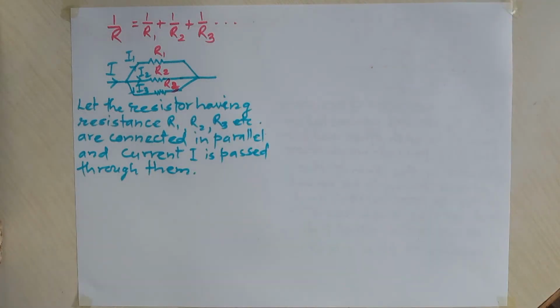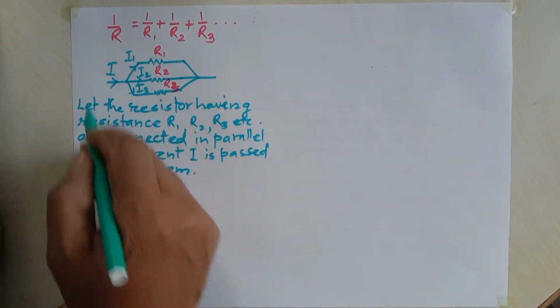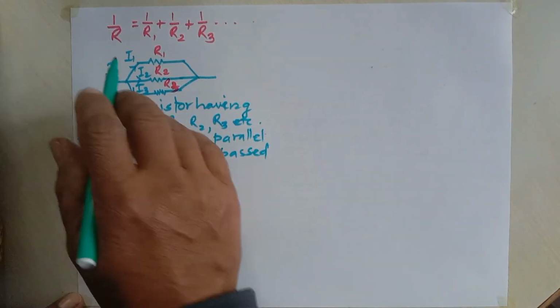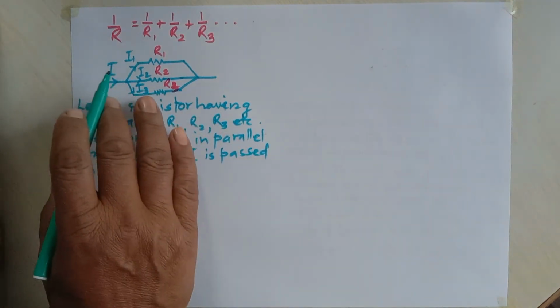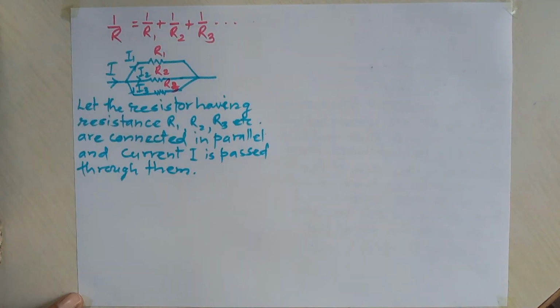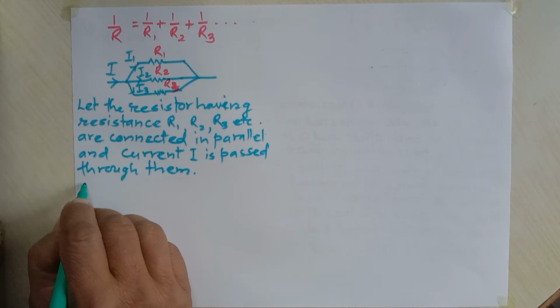Now when we measure the current in each of the branches and we measure the potential difference in each branch, what is found? We can write this practically.